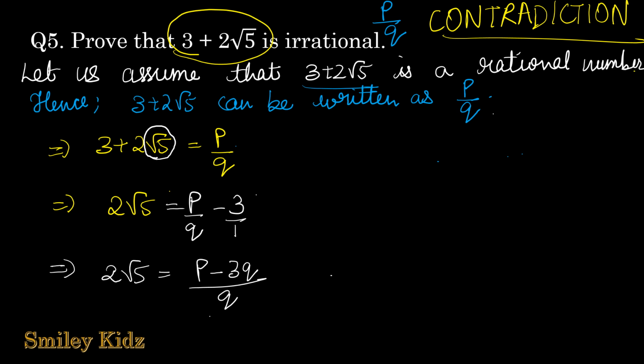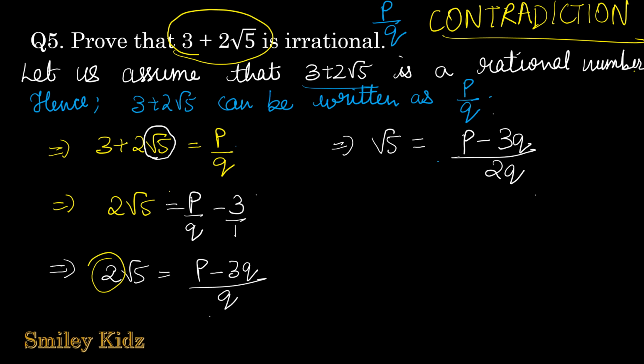Now, the 2 we have on the LHS, we're going to take it to the RHS, right? So, it's going to give us root 5 is equal to P minus 3Q upon 2Q. Because it is in multiplication on the LHS, when it comes to the RHS, it will divide.